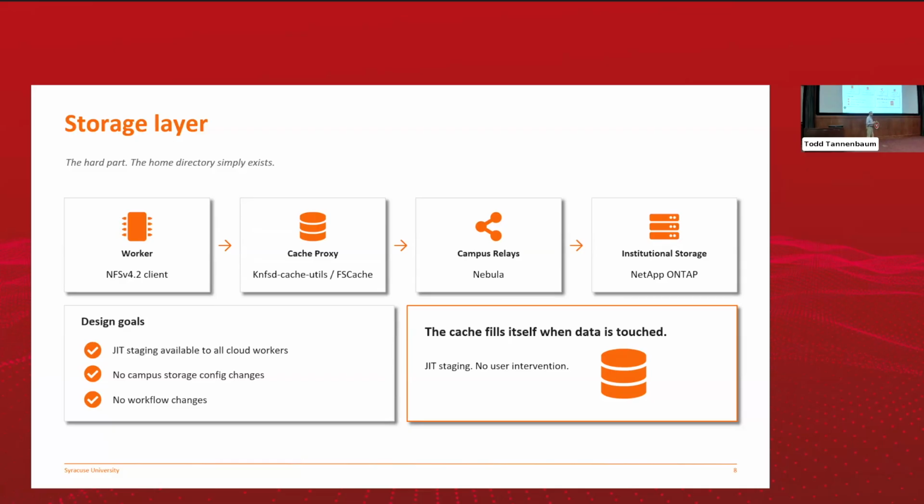This allows that when a job comes in, on that first read, they're going to pay the tax of going over the WAN. And then once they hit this cache, those files sit there, allowing all the other workers to benefit from that person that went first. Again, connected to a Nebula network, and then back to my on-campus storage.